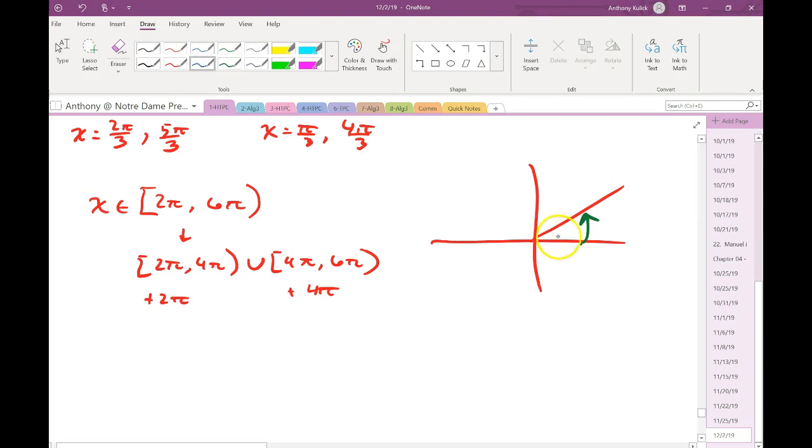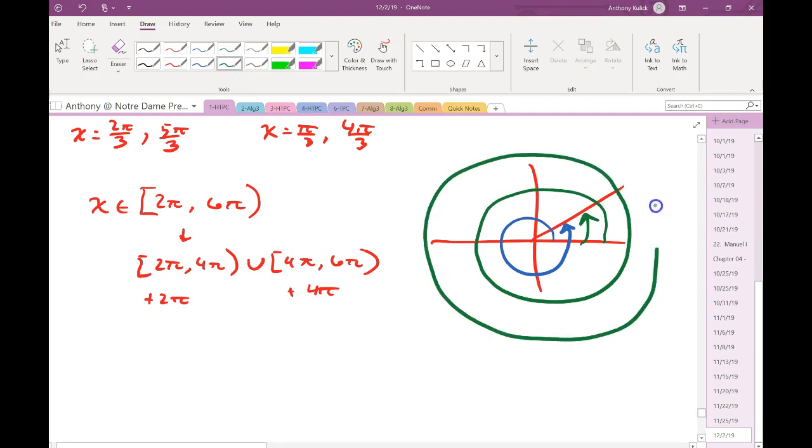If I add 2 pi to that, I'm at the same spot, but now my answer is between 2 pi and 4 pi, right? And if I add 4 pi, I'd be here, and I'd have an answer between 4 pi and 6 pi, right?